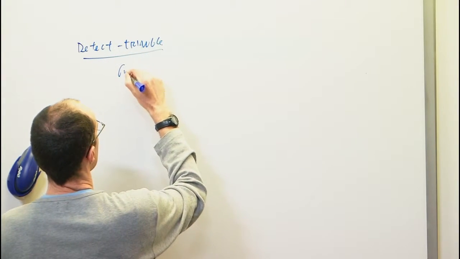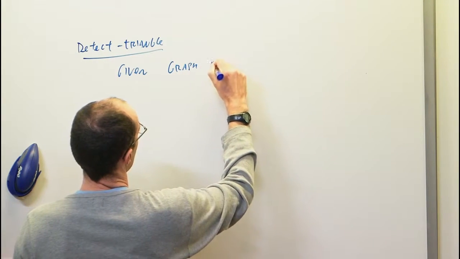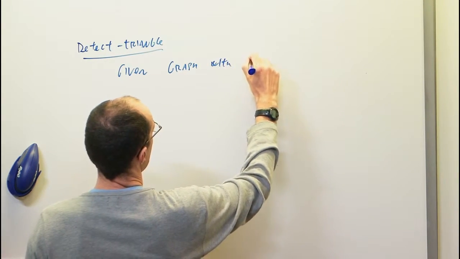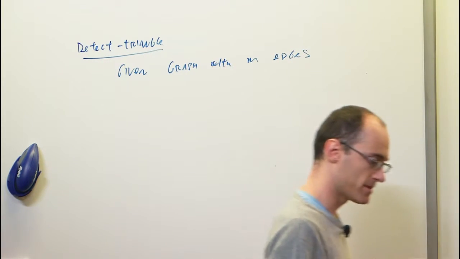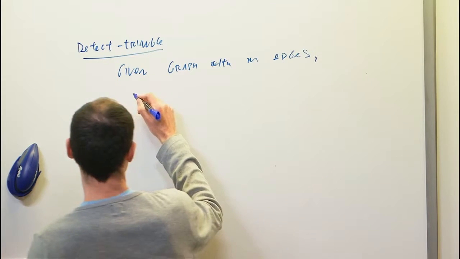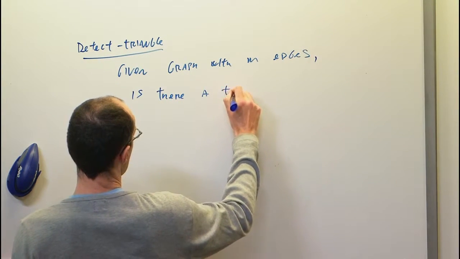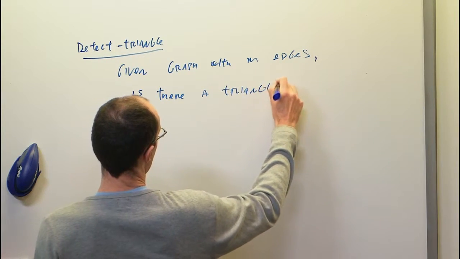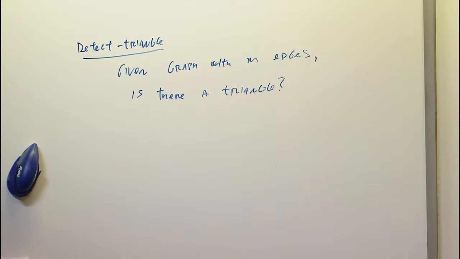So you're given as input a graph with m edges. So the graph is parameterized by the number of edges, and it may be sparse. And you want to know if there is a triangle, which is the same thing as asking if there is a clique of size 3.